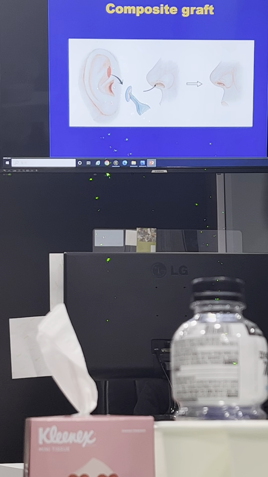In the past, I preferred the composite graft for the correction of this. At first, I make an incision inside and create a space, and then I harvest ear cartilage and skin together and cover the defect. After that, I correct the alar retraction. But this technique is very limited. The effect is limited, so nowadays I don't use it anymore.